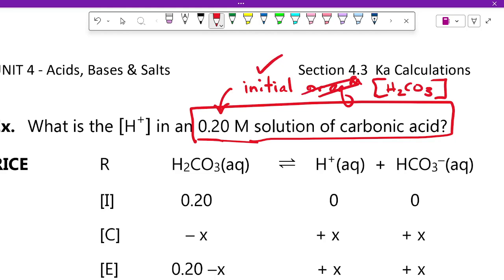Okay? Wait, is there something about putting in a flask? No, that was the last unit. Yeah, and with this one, we are putting it probably in a flask or a beaker. You just assume that it's in a container. But the flask isn't as important as when you have gases, because if you have a gas, you need to put it in a flask and put a stopper on it.